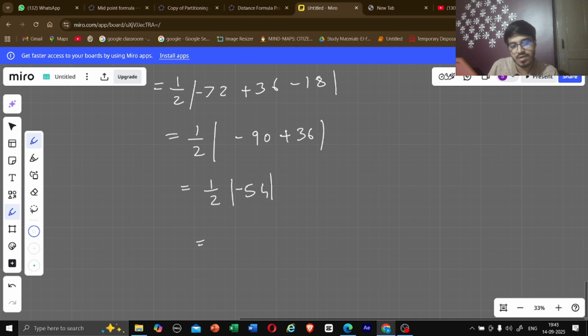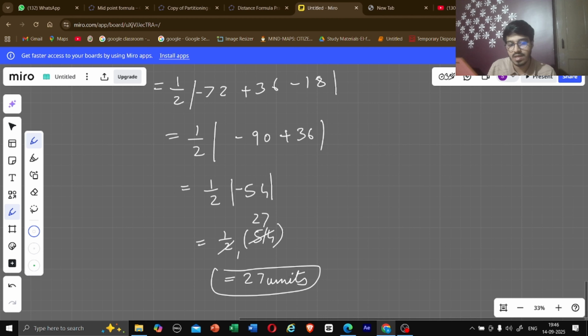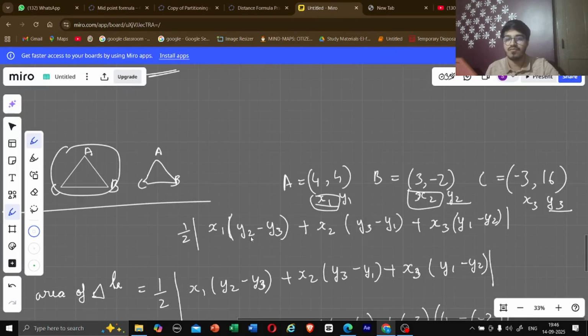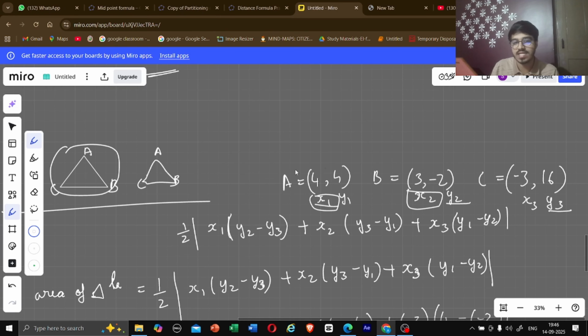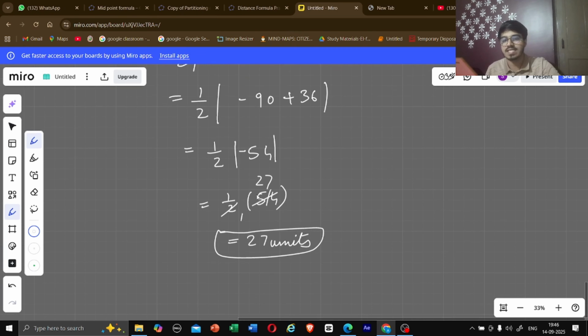If you remove the modulus, you will get plus 54. So half into 54 is 27. So 27 units is the area of the triangle. The area of the triangle with these coordinates is 27 units.